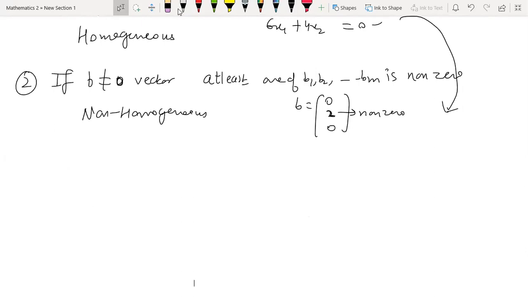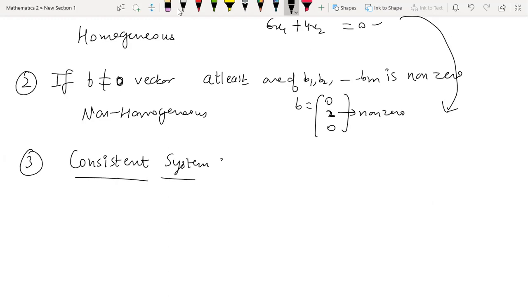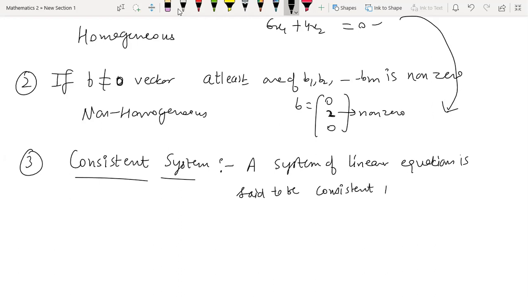Now we have another term for these systems. This term is consistent. When do we say a system of equations is consistent? A system of linear equations is said to be consistent if it has at least one solution.